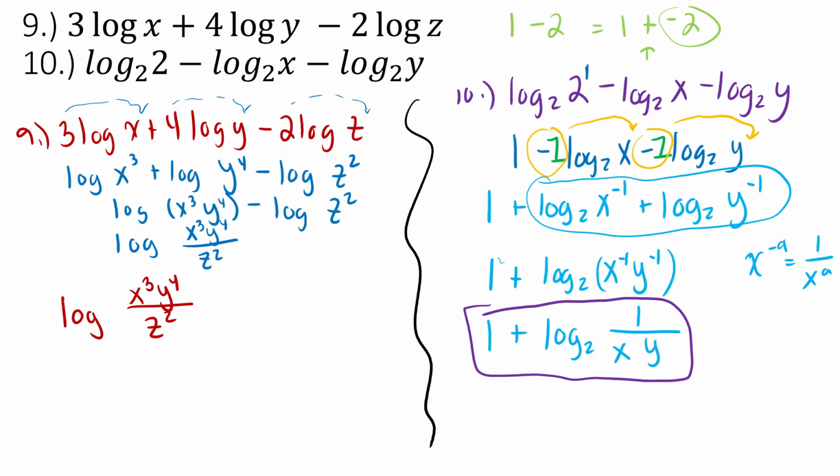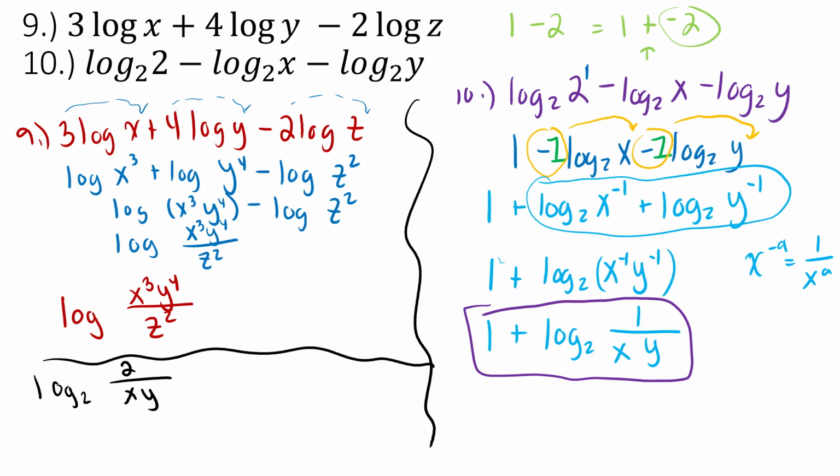Now, there are some other ways you could reason that out. Because you are using this to check your own work, I'm going to put something over here. You might have landed somewhere like this, log base 2 over x, y. I think I would accept that as a teacher.